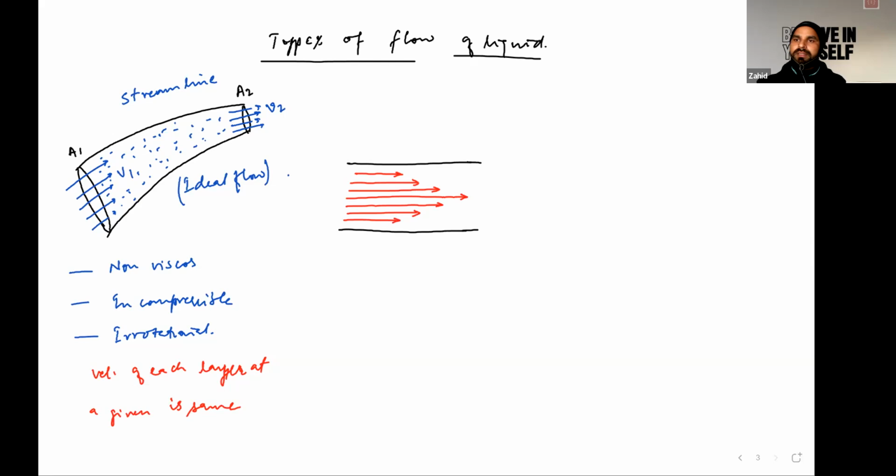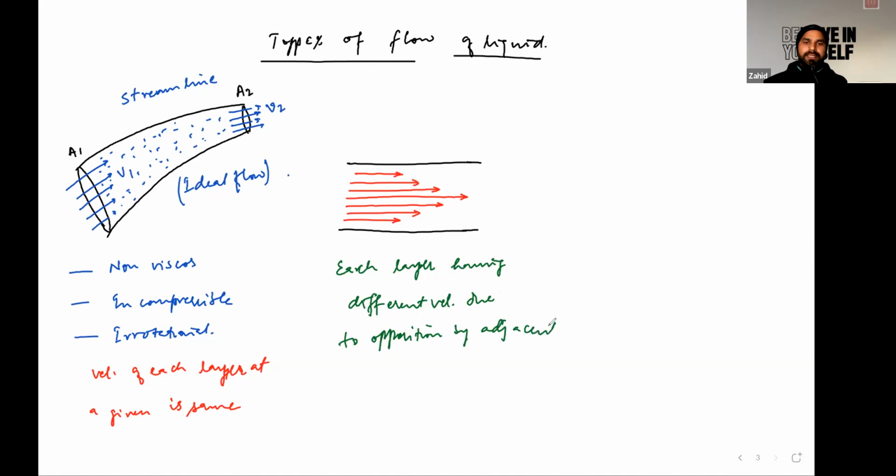So in this, each layer has different velocity due to opposition by adjacent layer as well as side wall.